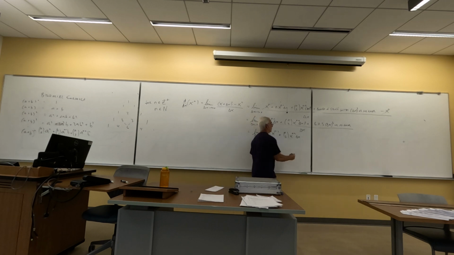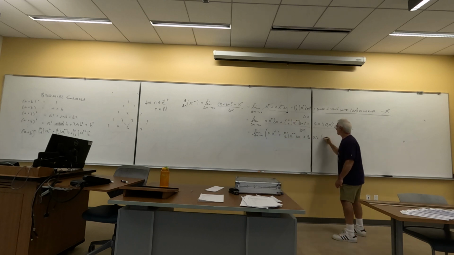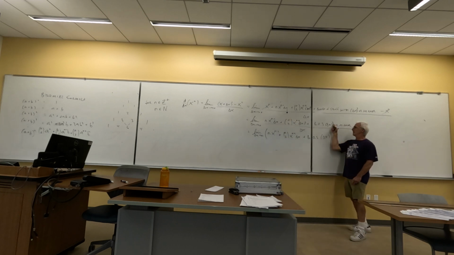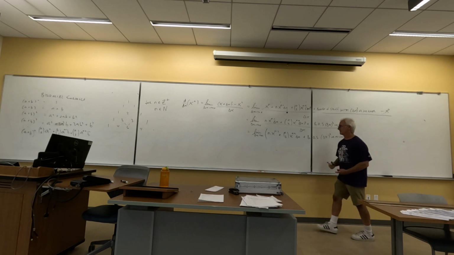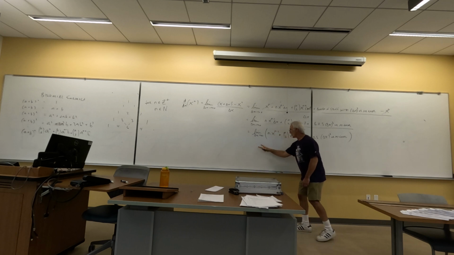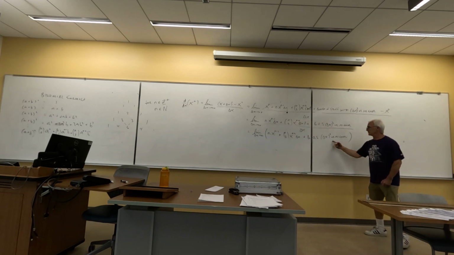One delta x. Plus a bunch of stuff with delta x squared or higher. There's no quotient. Can I evaluate this limit now? Mm-hmm.